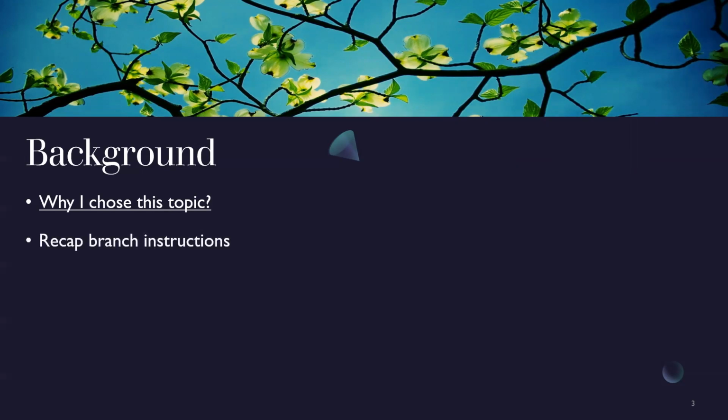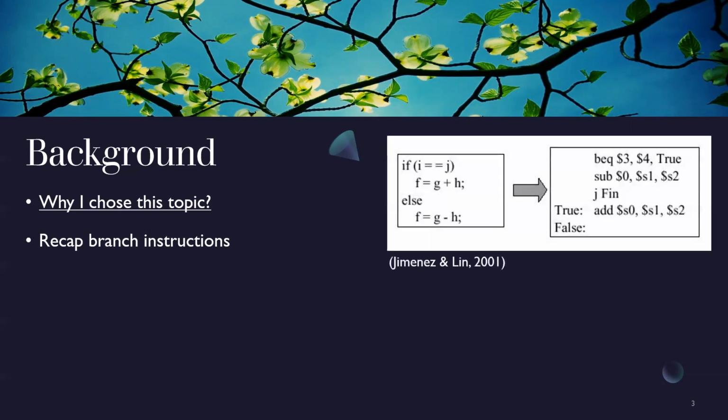So in order to talk about it, let's recap what branch instructions are. As you can see in this diagram on the right side, this gives a really good explanation of branch instructions. On the left here, you can see some high level code, and it's just a simple if-else statement. And on the right is the translation into assembly language. And you can see that it has this BEQ instruction.